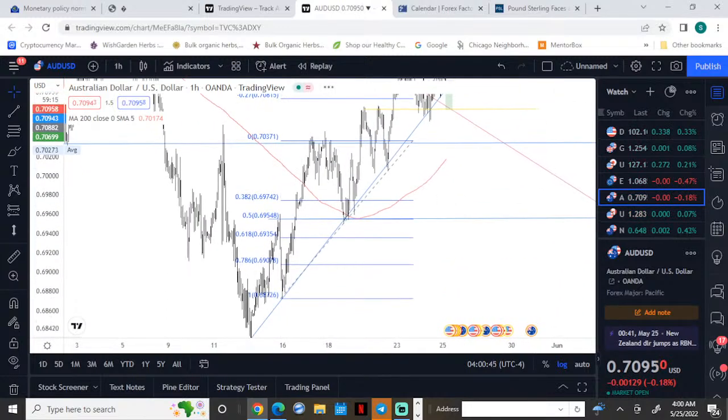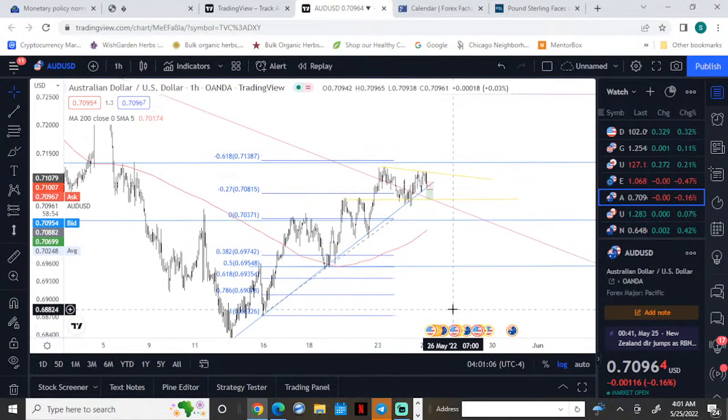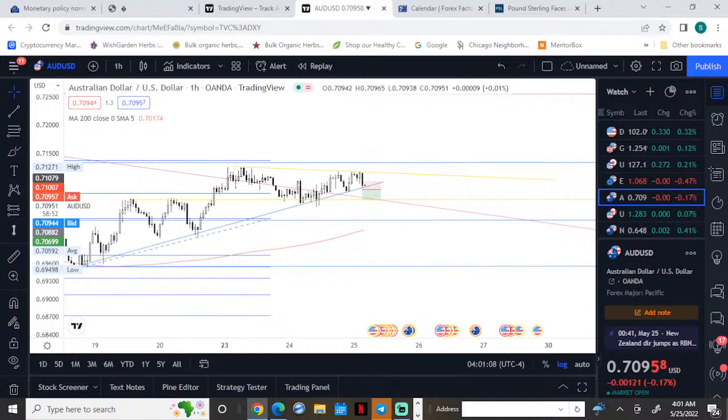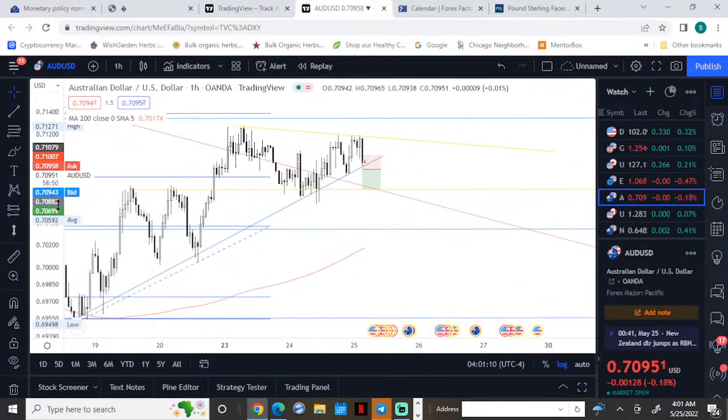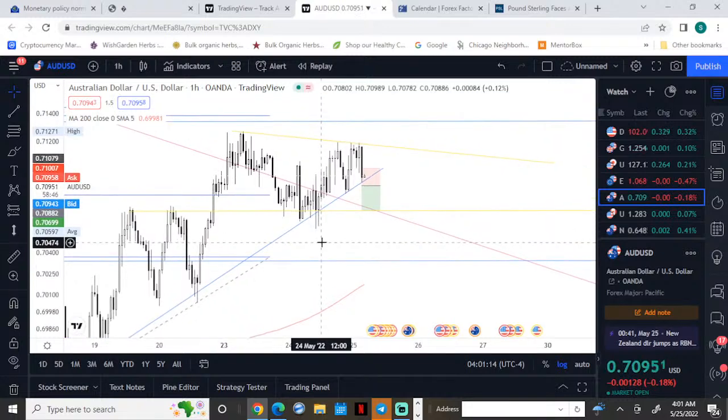And this is a really powerful trend line right there. That trend line has been holding since May the 12th. Price has touched 1, 2, 3, 4 times, 5, played around. And look, the hourly candle closed.